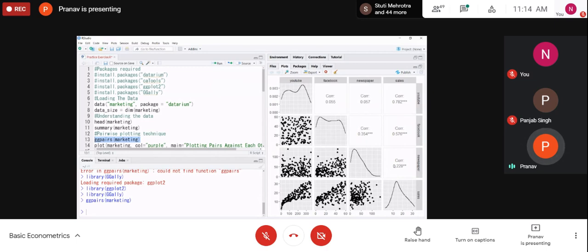That is only 23% is the correlation coefficient between sales and newspaper, whereas the impact of advertising through YouTube and impact of advertising on sales through Facebook is much, much higher.